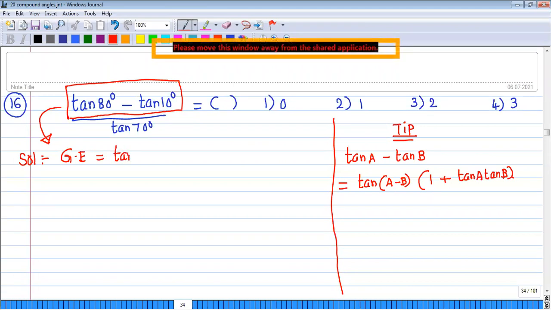Tan of A minus B, 80 minus 10 is tan 70, multiplied with 1 plus tan 80 tan 10.